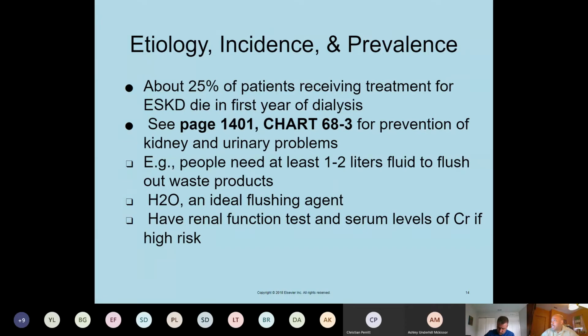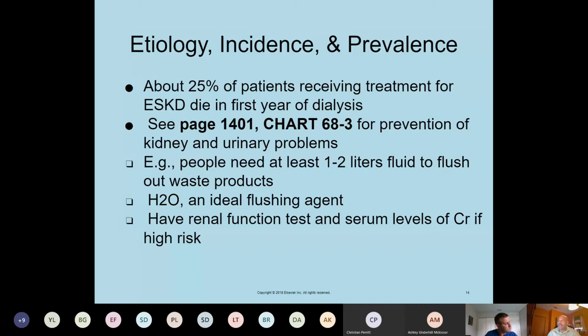Take a look at page 1401, chart 16.3 of kidney and urinary problems. That is a very important chart for you to read. So please take a read of that. For example, these people need at least 1 or 2 liters of fluids to flush out waste products. This is more about prevention.